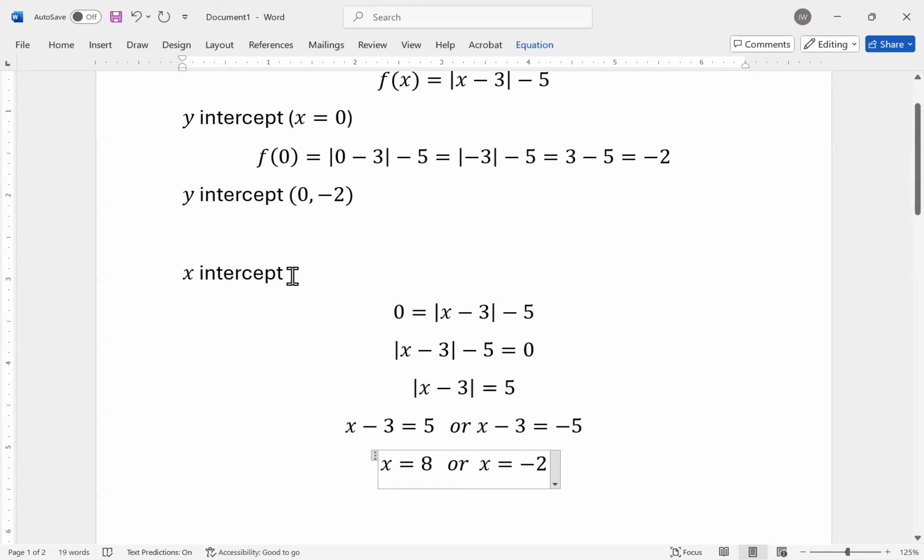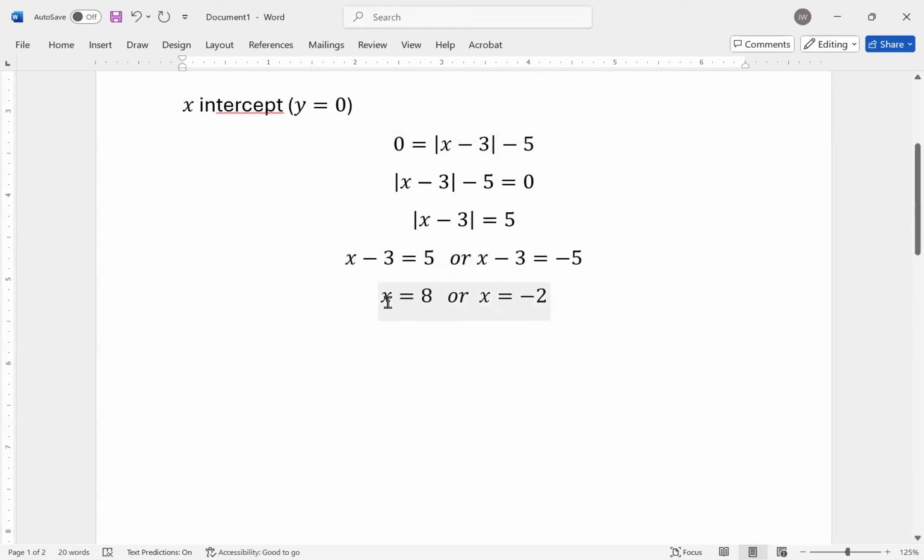So what I have here is, first off, the way I found the x-intercept is I plugged in 0 for y. My output has to be 0. And I found two values that if I plug them in, give me a 0. So these two values of 8 and negative 2 are the zeros of this function.